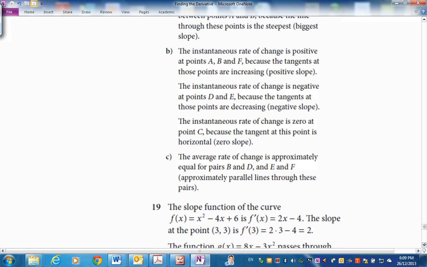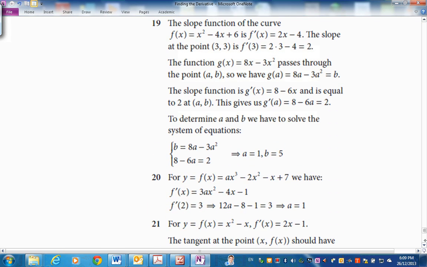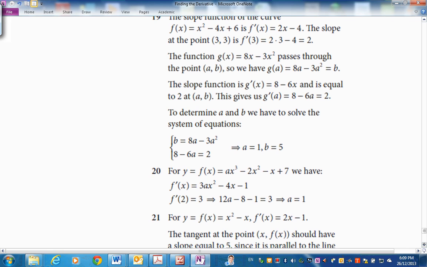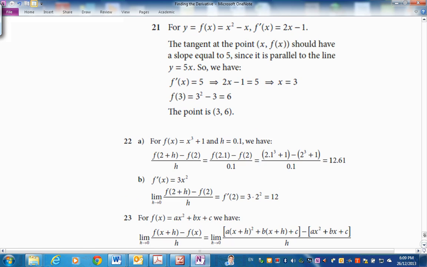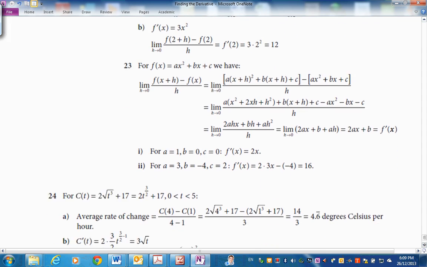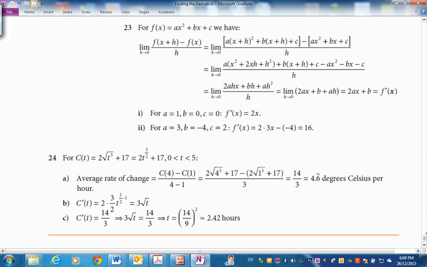Okay, let's look at 19 now. 19 and 20. 21 and 22. Look at 23. Oh, we've got them all on there, 23 and 24.